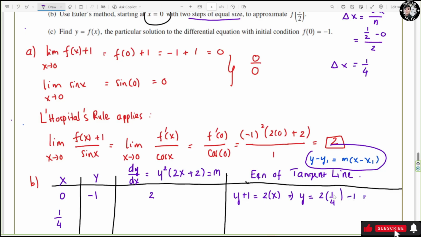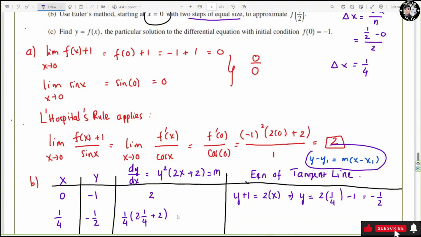So 1 over 2 minus 1 is going to be negative 1 over 2, right? So we have negative 1 over 2 right here. Now substitute these two into this equation right here. So we have negative 1 over 2 squared, which is 1 over 4, times 2 times 1 over 4, right?